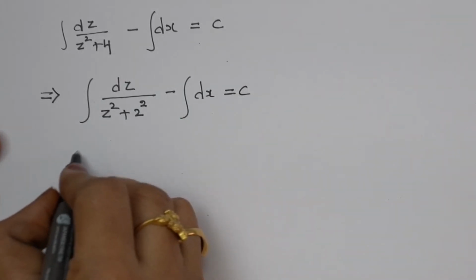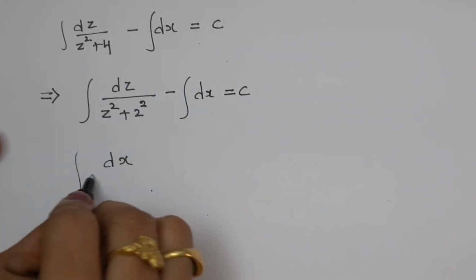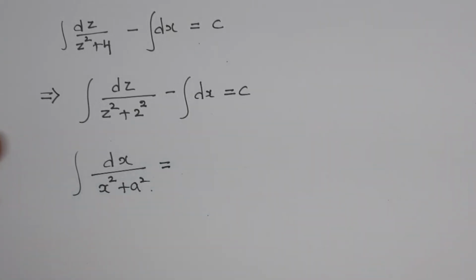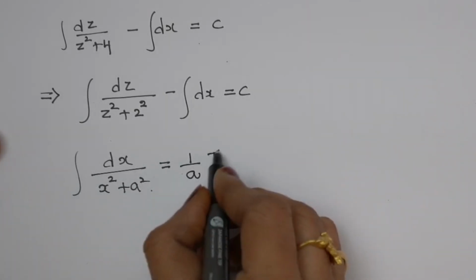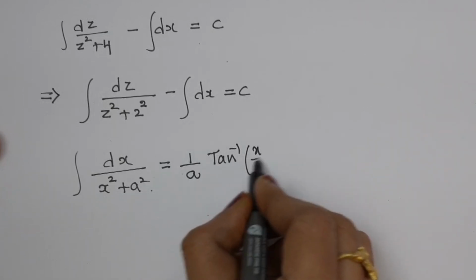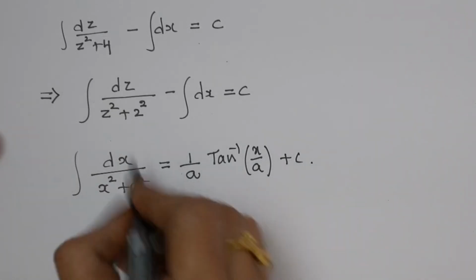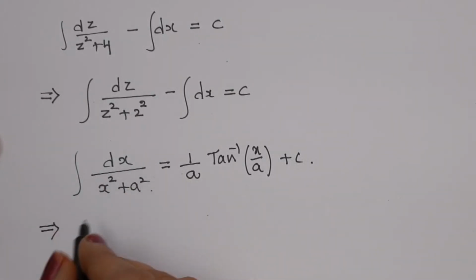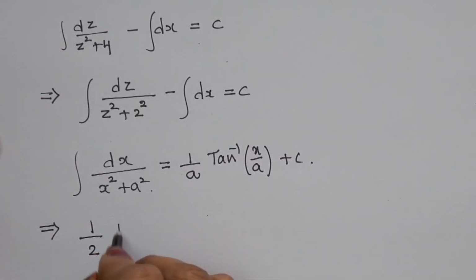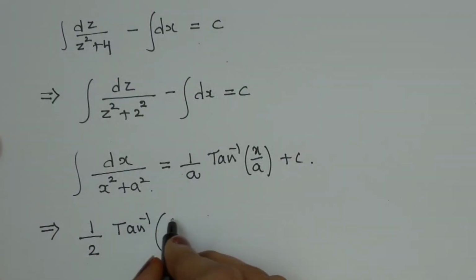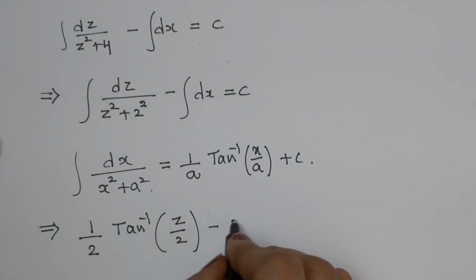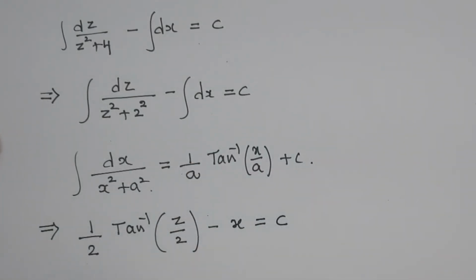But we know that integral dx by x square plus a square is equal to 1 by a tan inverse x by a plus c. By using this formula, we can write integral dz by z square plus 2 square as 1 by 2 tan inverse z by 2 minus integral dx is x is equal to c.